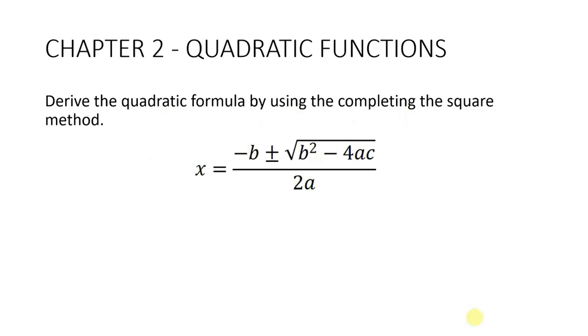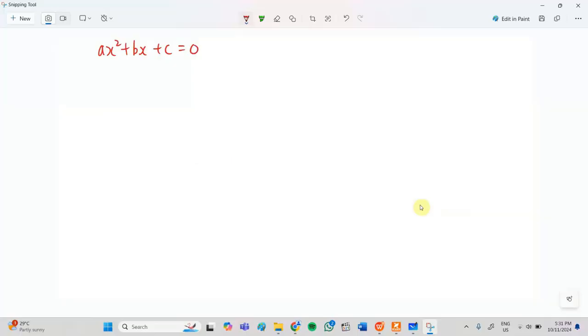So here we want to try to derive the quadratic formula as shown on the screen by using the completing the square method. And we're going to start by using the general form of the quadratic equation. We will move c to the other side to get ax squared plus bx equals negative c.